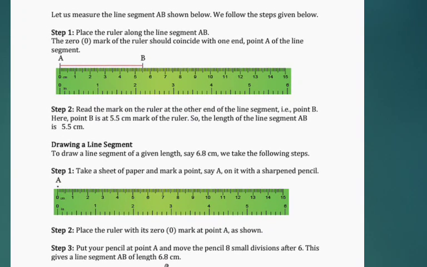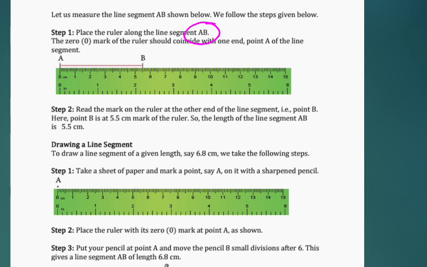The steps are given. Suppose we have the line segment AB. A is the initial point and B is the moving point.